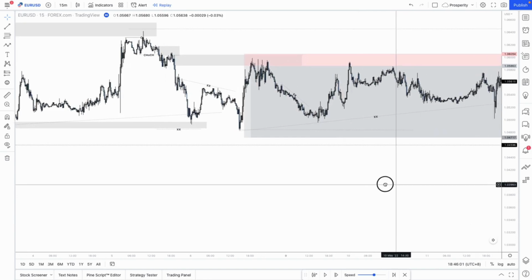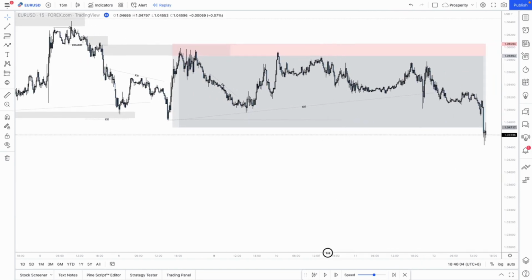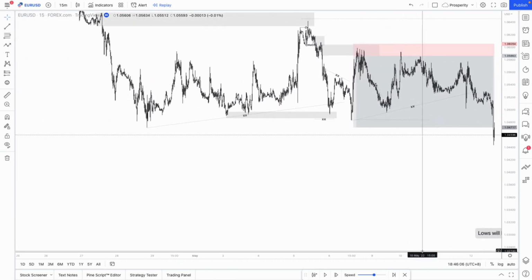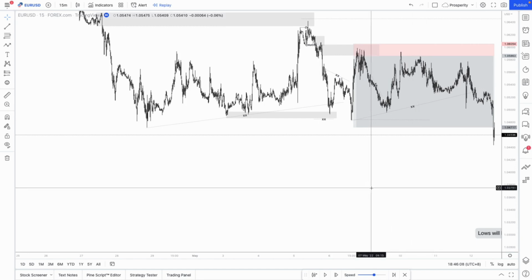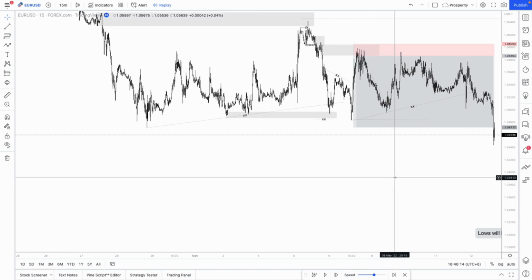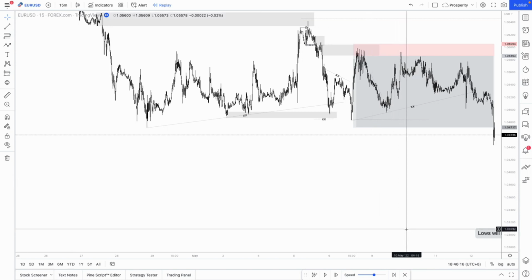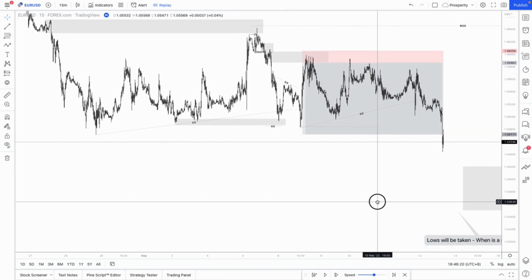And you combine that with liquidity. So how we use liquidity is where we take our profits at, and how a lot of retail have been programmed to read liquidity is in such a way where they want to put their stop losses there. And so that is the difference between retail trading and SMT trading, where you're actually trading in alignment with those banks.